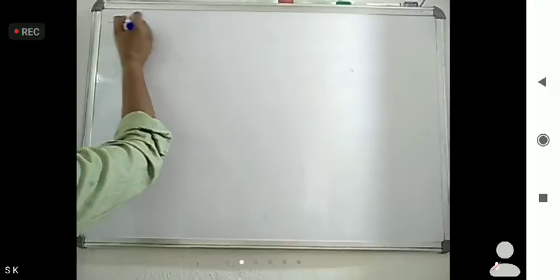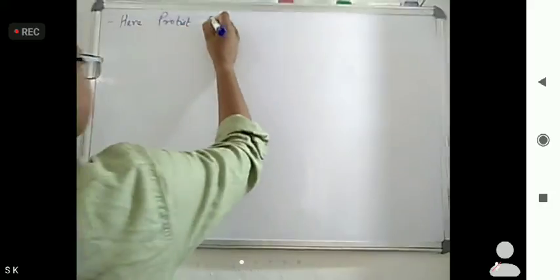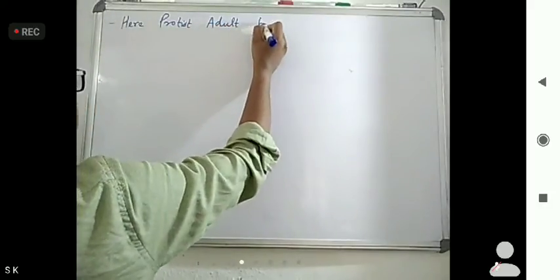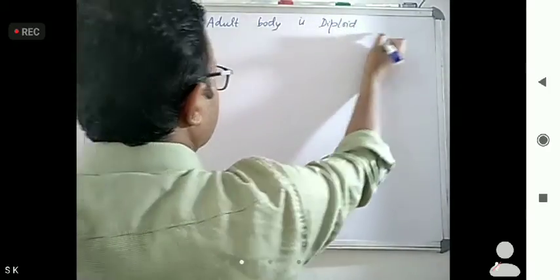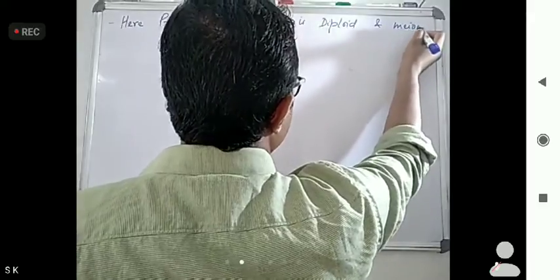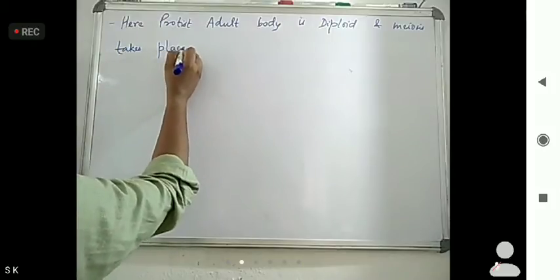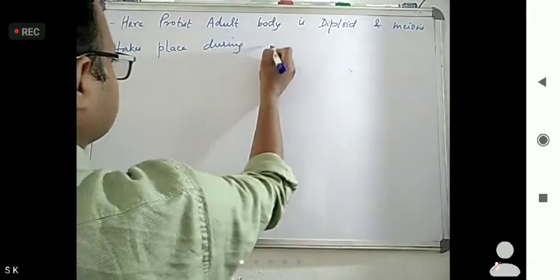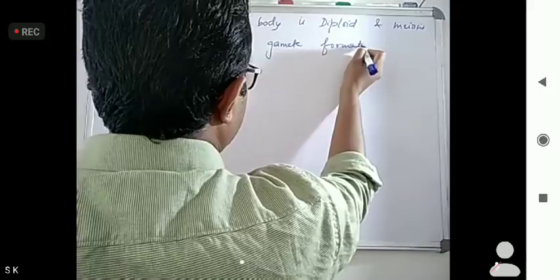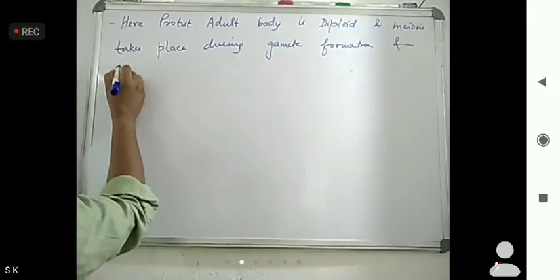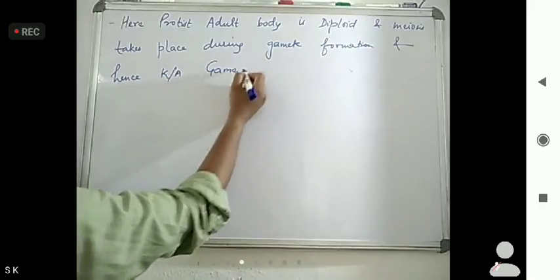So what we can say here: protist adult body is diploid and meiosis takes place during gamete formation, and hence it is known as gametic meiosis.